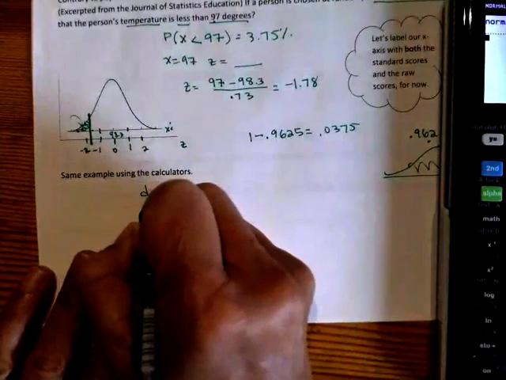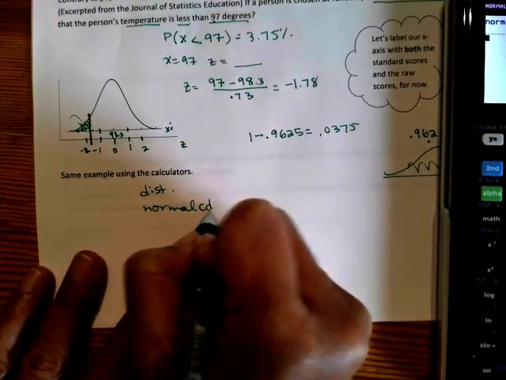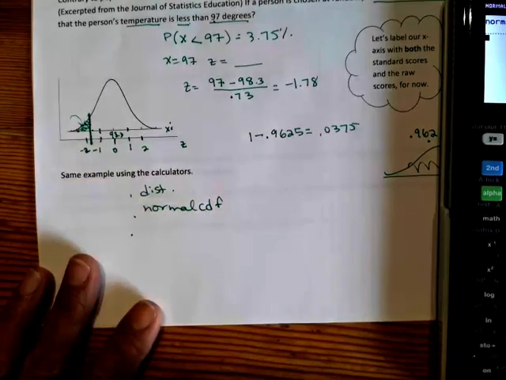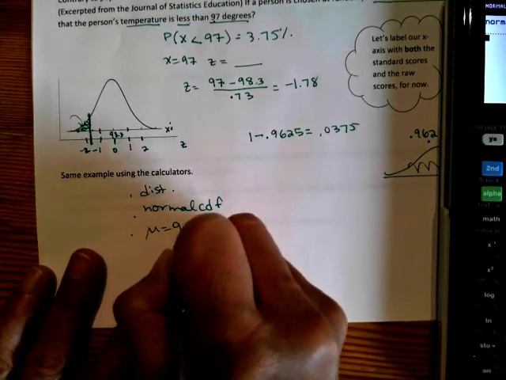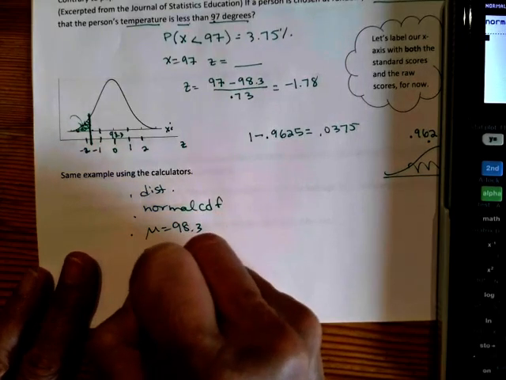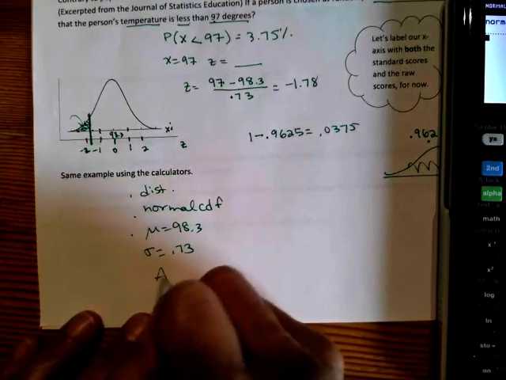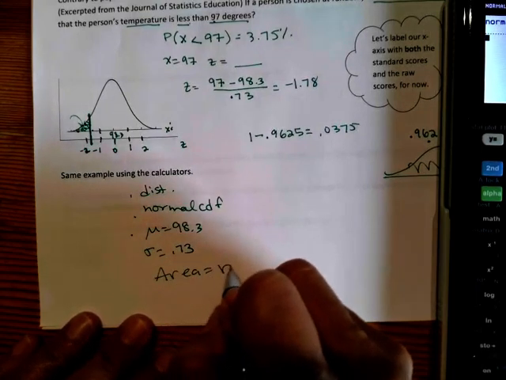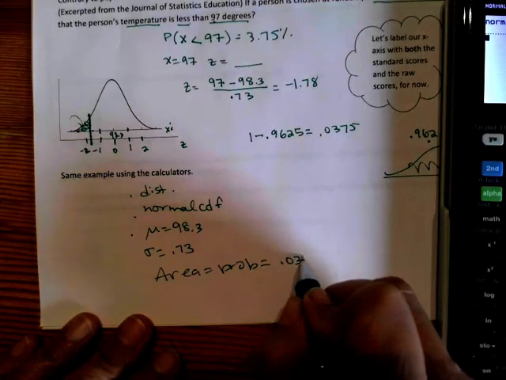So remember, it was distribution, normal CDF, and then mean is 98.3, and sigma 0.73. And that tells us again the area, which is the same as the probability of 0.0375.